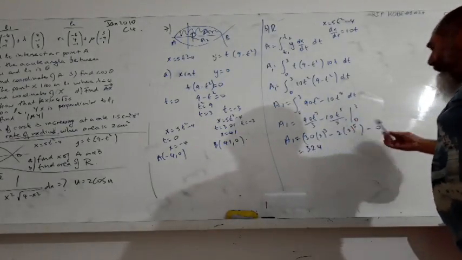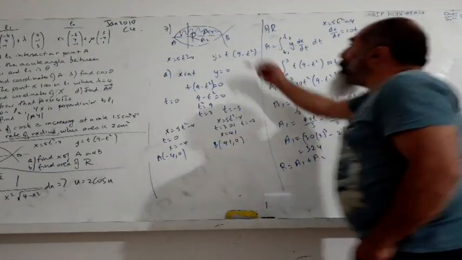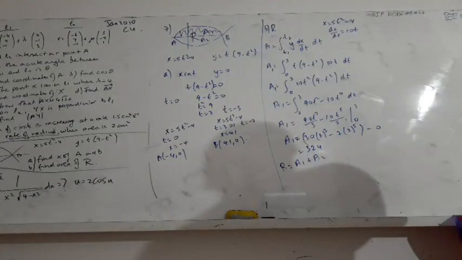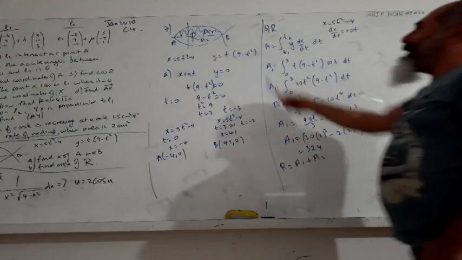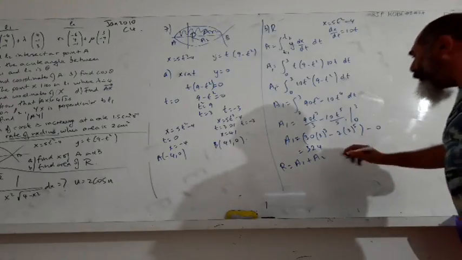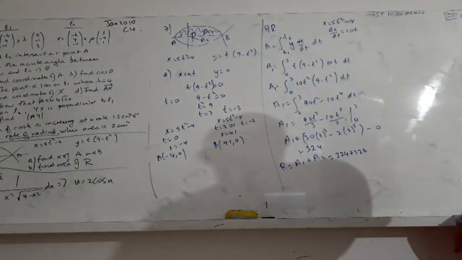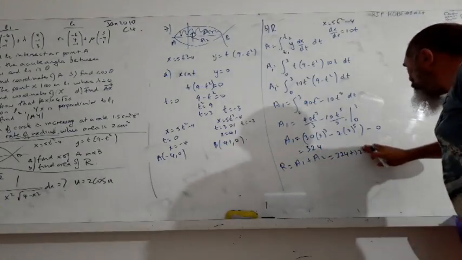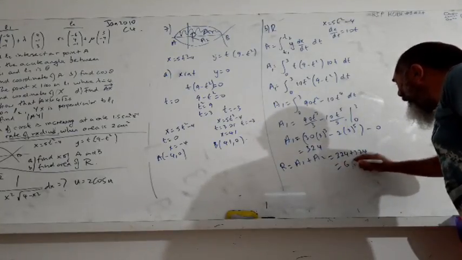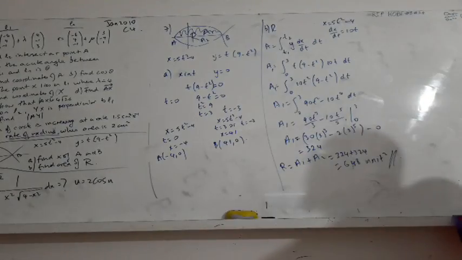So R is equal to A1 plus A2, but as I said before, A1 is equal to A2, they are identical areas, so the total area is going to be 2 times 324, or 324 plus 324, and the answer is 648 unit squared. That's how we solve question 7.